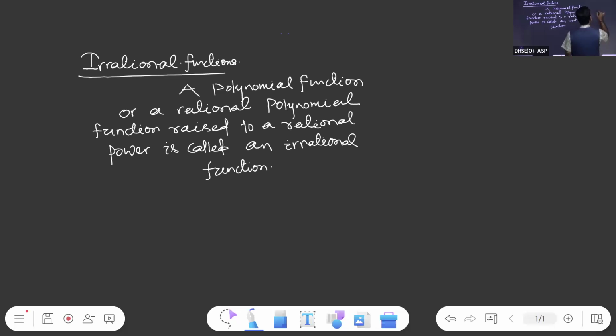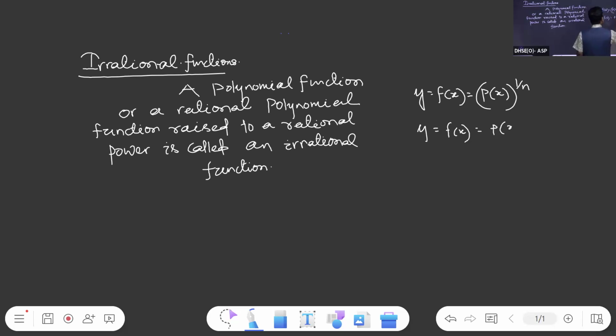That is, y is equal to f of x equal to p of x raised to the power 1 by n, or y is equal to f of x equals p of x upon q of x raised to the power 1 by n.